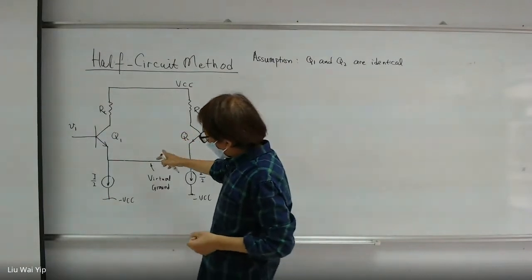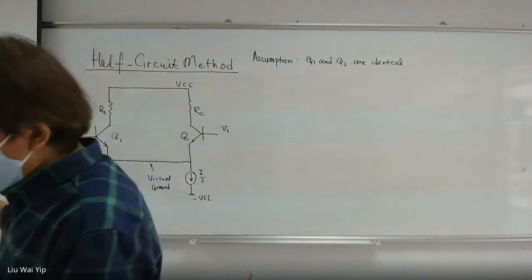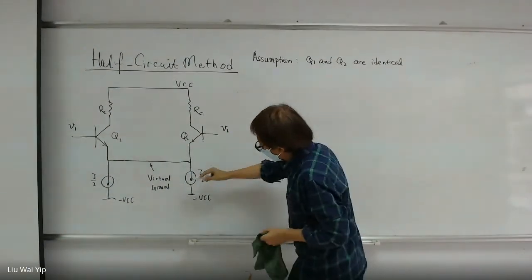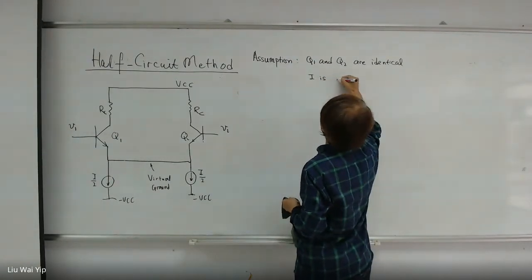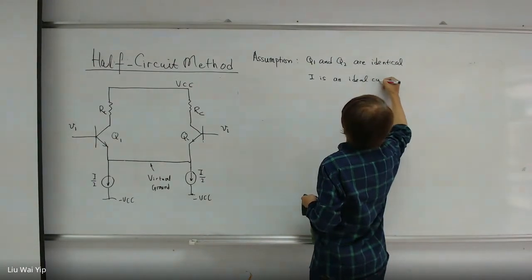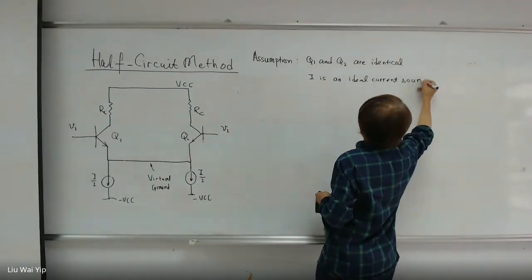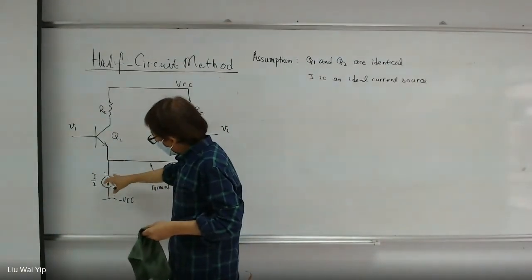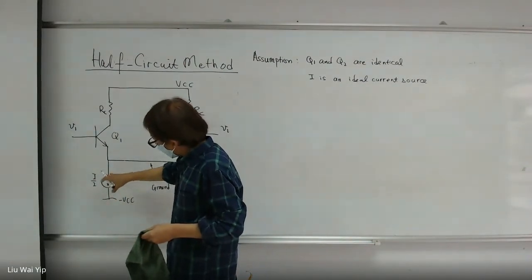So what we can do is, first of all, based on the previous assumption, the current source is an ideal current source. The resistance of the ideal current source should be infinity.